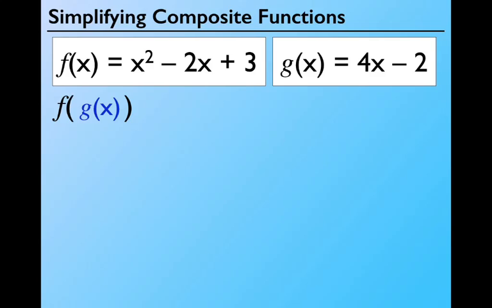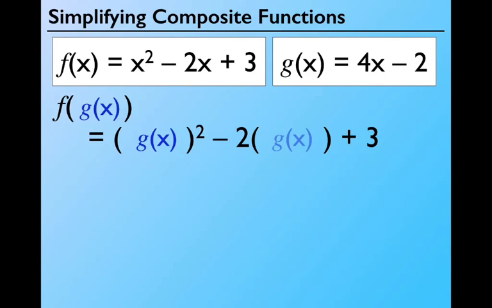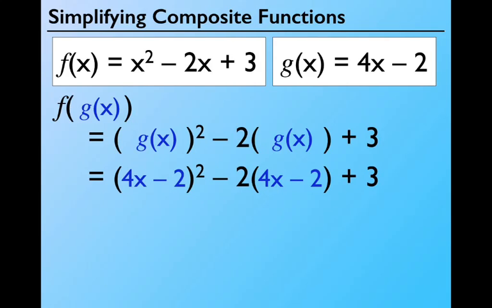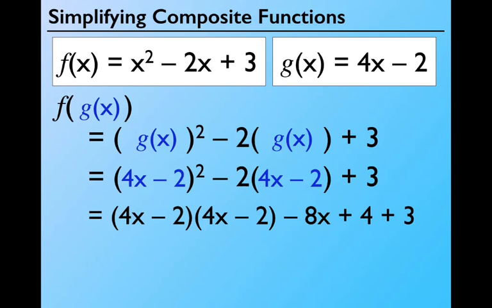So let's try a more difficult one. Let's say I have f of g of x. So my outside function is f of x, so that's the one I'm going to write the parentheses for. So x squared minus 2x plus 3. I just take the x's out and write parentheses, and insert the value of g of x, which is 4x minus 2. Notice that when I expand 4x minus 2, the quantity squared, I rewrite it as 4x minus 2, the quantity, times the quantity 4x minus 2.